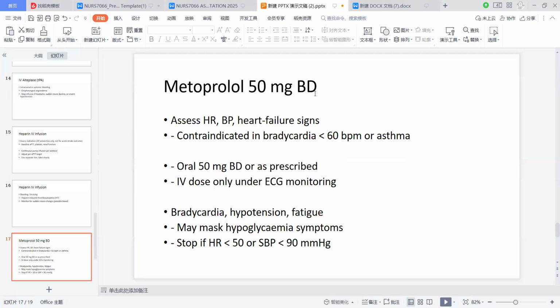If we observe the patient suffering from hypotension, bradycardia, or fatigue, overdosage of metoprolol should be considered. The drug may mask hypoglycemic symptoms in diabetic patients, and therapy should be withheld if heart rate is less than 50 or SBP is lower than 90.